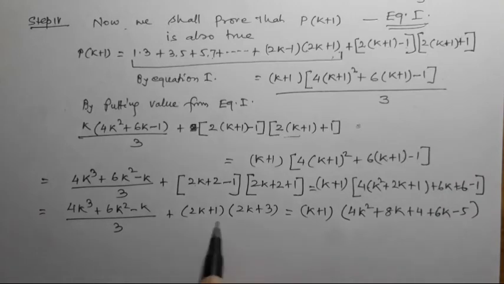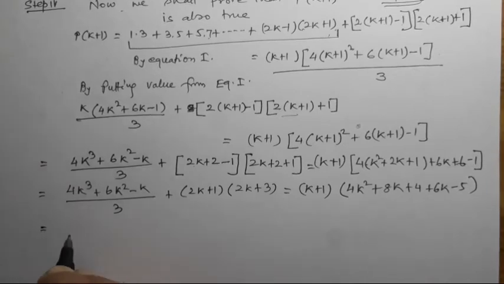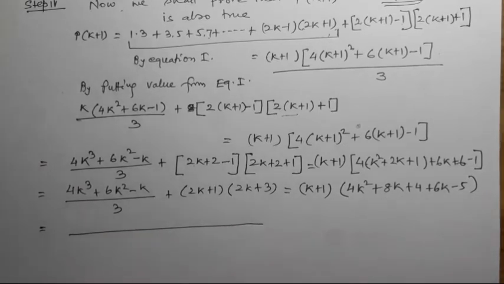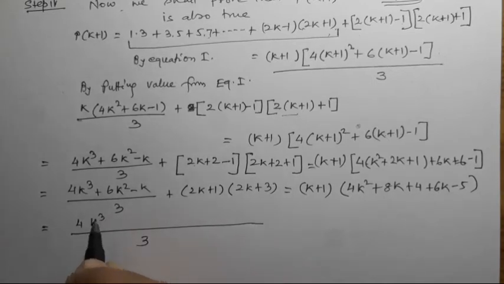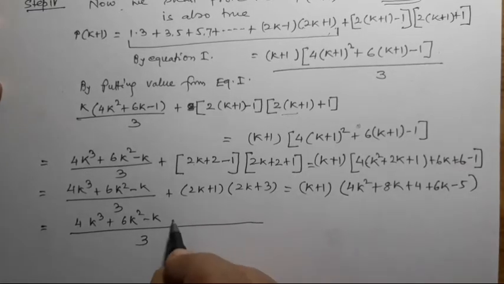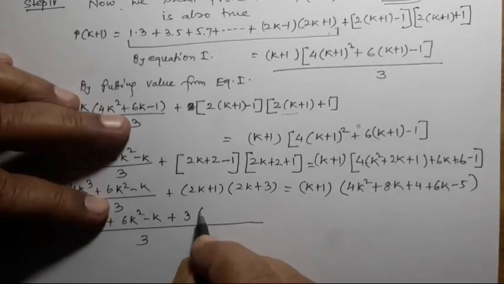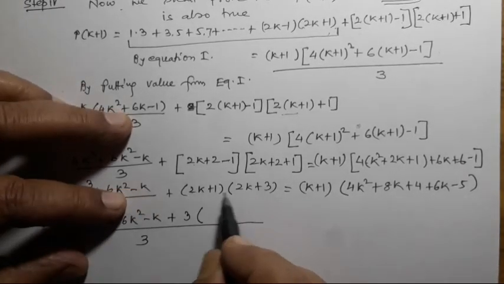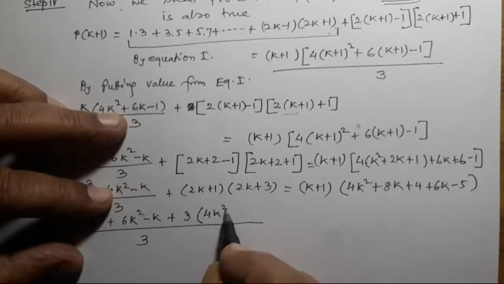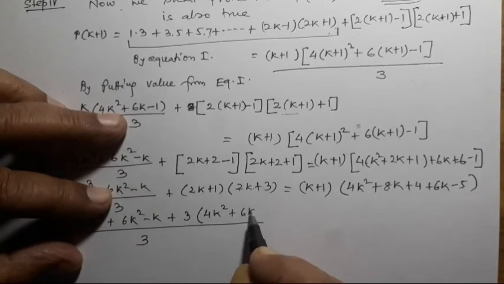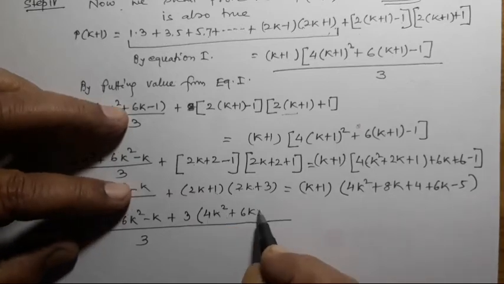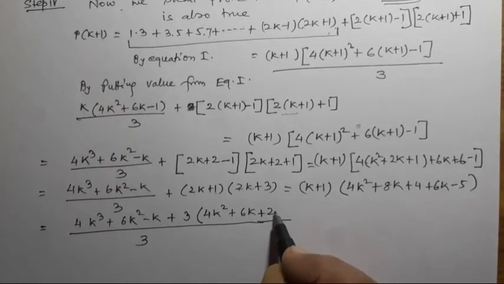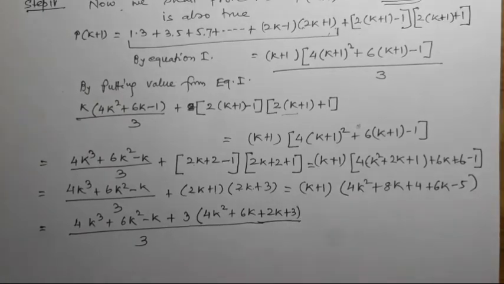Right? So now we shall take LCM as 3. It will be 4k cube plus 6k square minus k plus 3 into 2k multiplied by 2k is 4k square, 2k times 3 is 6k, 1 multiplied by 2k is 2k, plus 3, all over 3.